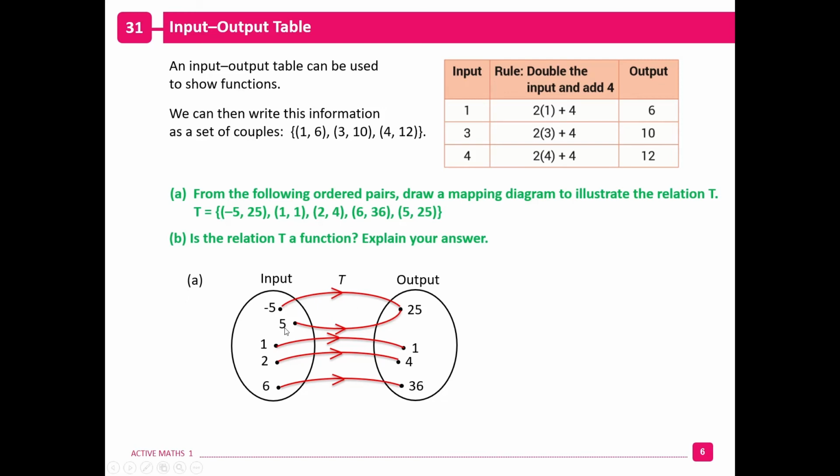Both -5 and +5, when multiplied by themselves, give the answer 25. So this is many to 1, and many to 1 is okay for a function. So therefore our answer is T is a function. Each and every input has only one output.